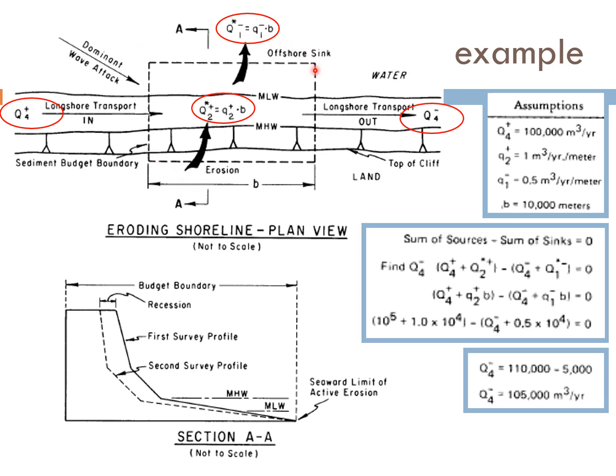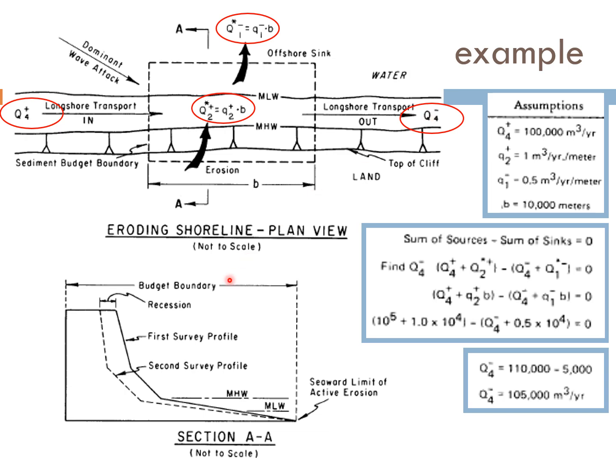This domain here received material influx due to the cliff erosion, and it also experienced material outflux to the offshore region. Meanwhile, it has longshore transport influx from this side and longshore transport outflux to this side.